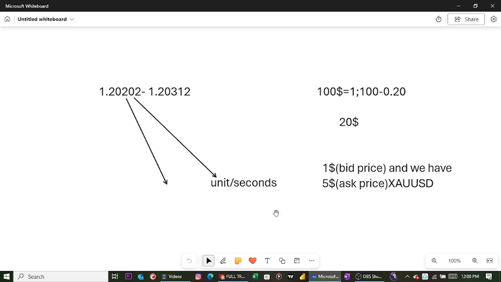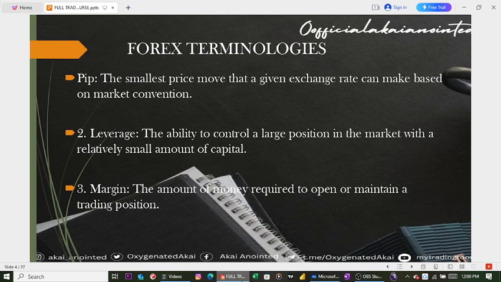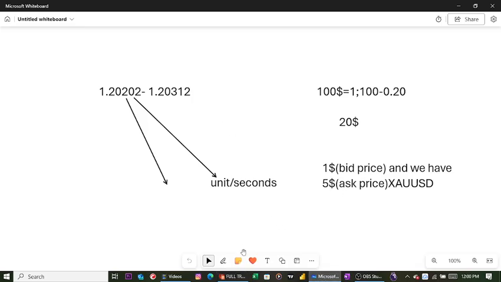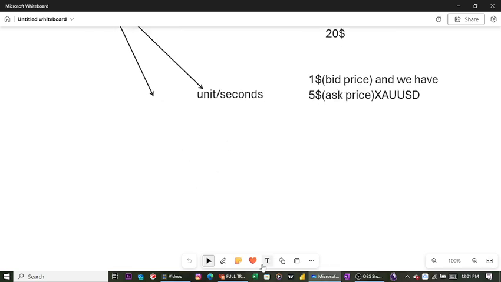Over here, we have leverage, the ability to control a large position in the market with a relatively small amount of capital. In my own definition and in my own terms, I see leverage as a loan in the form of, let me say, an overdraft.